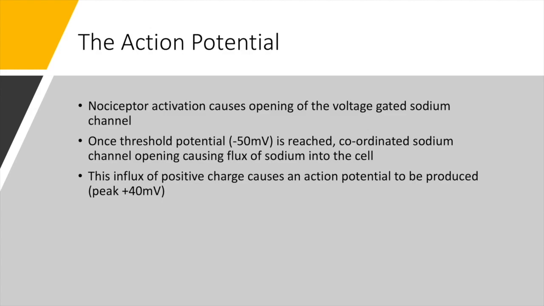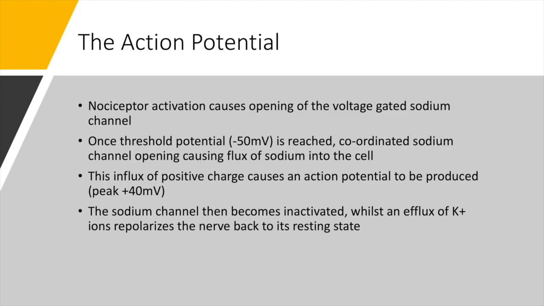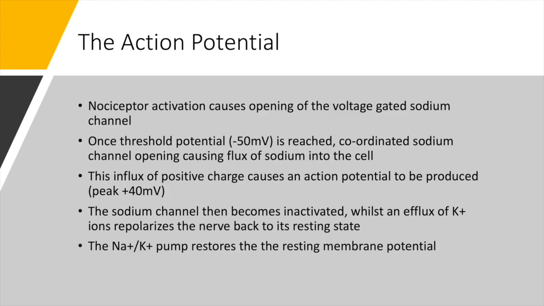This flux of sodium causes an action potential to be produced, with a peak potential of about plus 40 millivolts. The sodium channel will then become inactivated. There'll be an efflux of potassium ions, which causes repolarization of the nerve back into its resting state. Then the sodium-potassium pump will restore order, and the resting membrane potential will be restored.